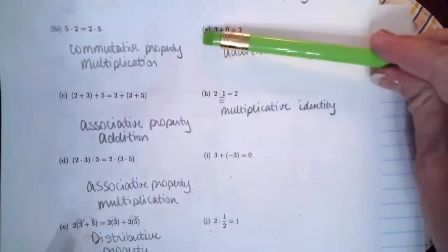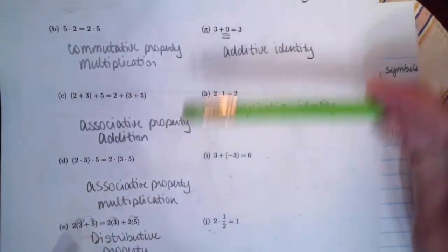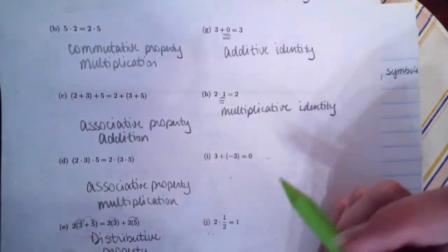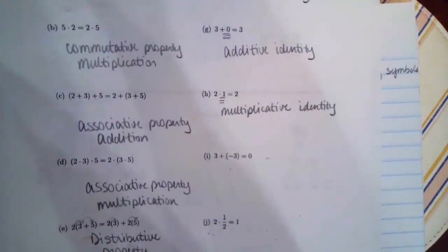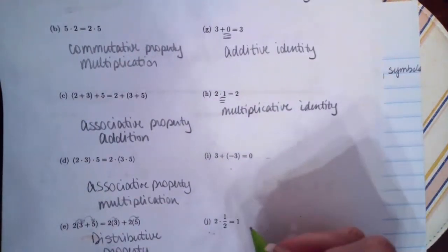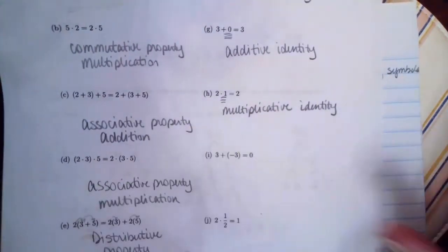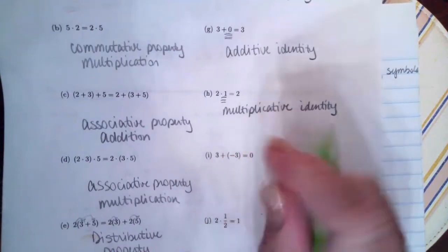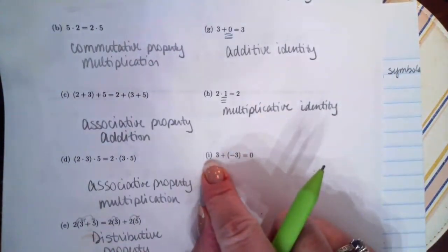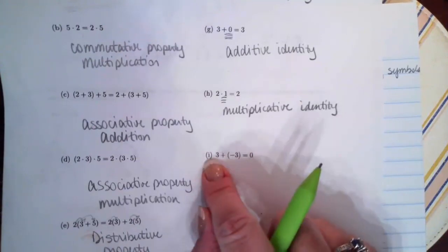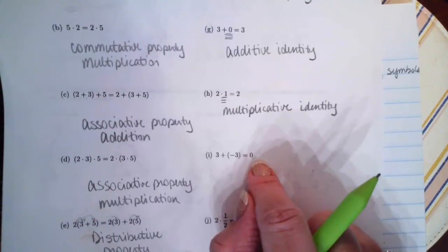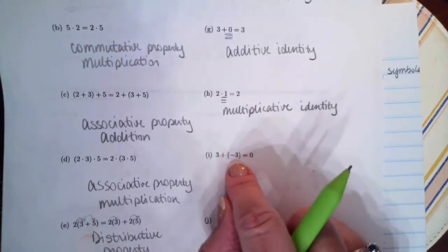And now let's see how these two things are related right here. Okay, the additive identity from part G. And I'm looking at addition subtraction on part I, just kidding. Part I. And this is saying, what do I add to 3 to get the additive identity? What do I add to 3 to get 0, which is the additive identity? I would add the opposite.